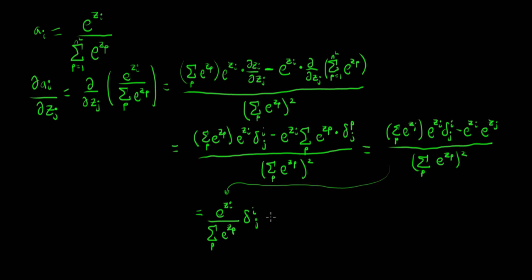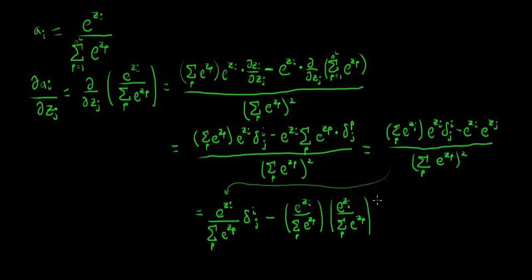And then in the other one, we write e to the zi over the sum over p of e to the zp, times e to the zj over the sum over p of e to the zp.